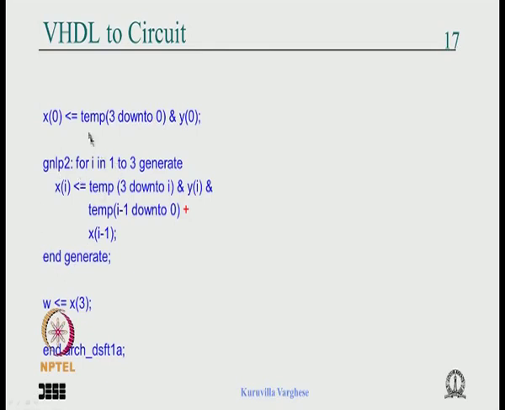Okay. Now we get to the loop. Loop starts, because 0 is already made, loop is going from 1 to 3 and you say let us take the first index X of 1 because X of 0 is already there, X of 1 which is temp 3 down to I, that means 3 down to 1. Here it was 3 down to 0, 4 zeros, but here it is 3 zeros, then Y1 now.